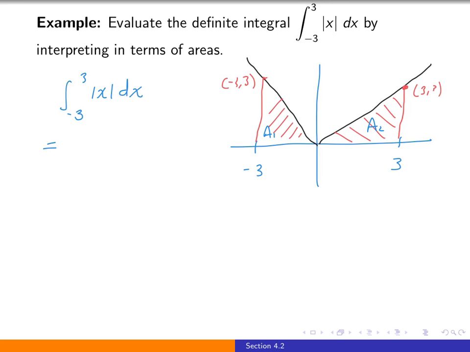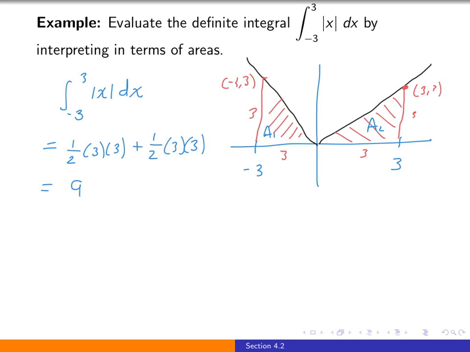Both of these triangles have a base length of 3 and a height of 3. So area 1 would be 1/2 base times height, plus area 2, 1/2 base times height. That's 9/2 plus 9/2, which is simply 9.